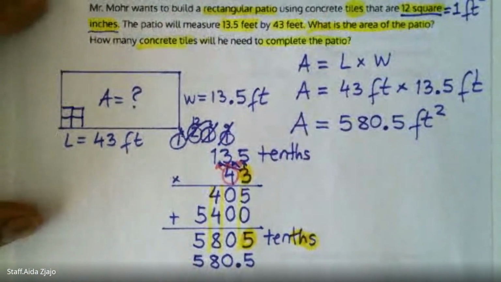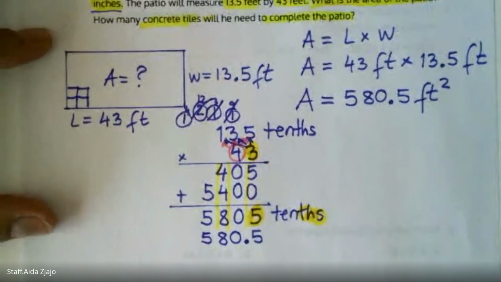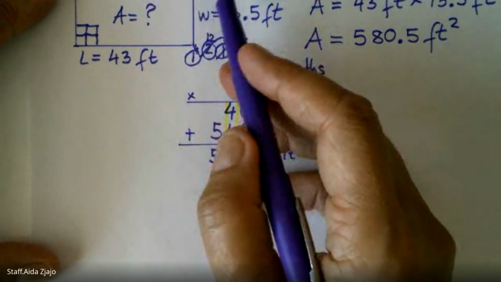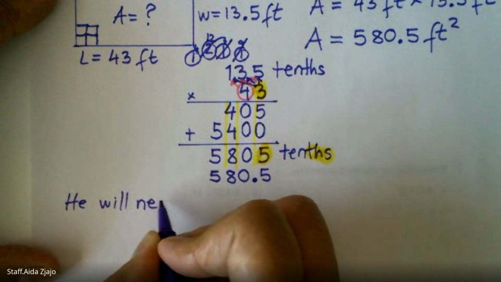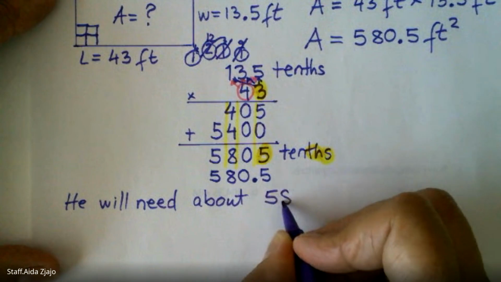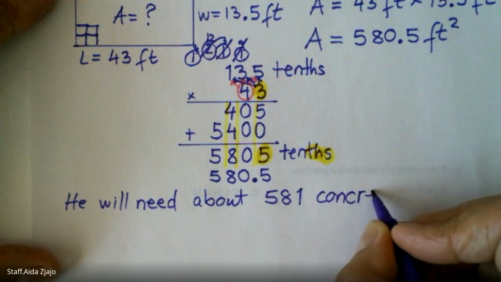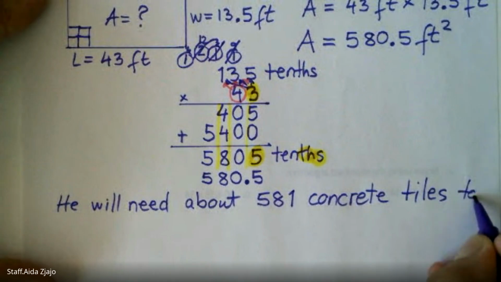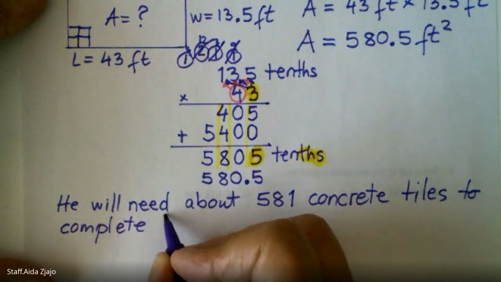Now we can answer the question. About 581 concrete tiles to complete the patio.